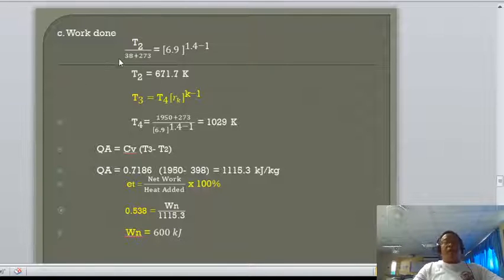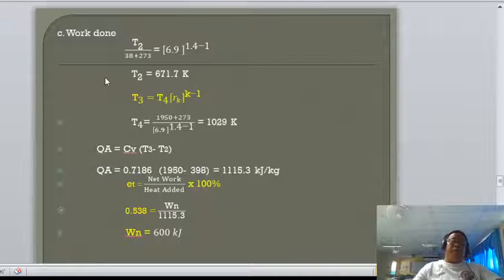So, substituting now from the equation, T sub 2 will become 671.7 Kelvin. And getting now also the value of T sub 4, T sub 4 is equal to 1029 Kelvin.